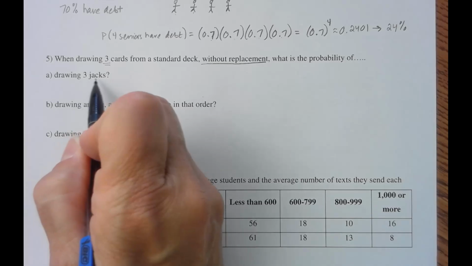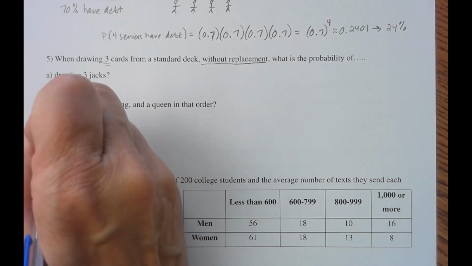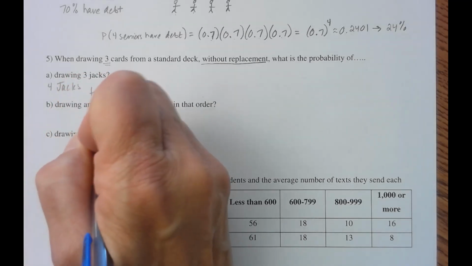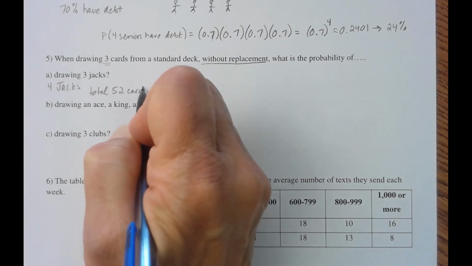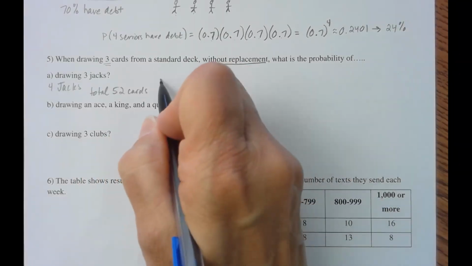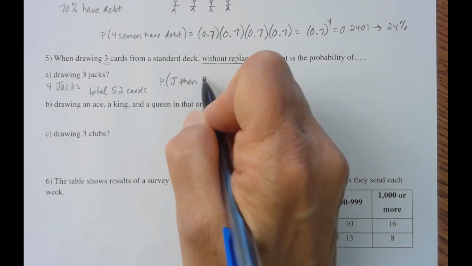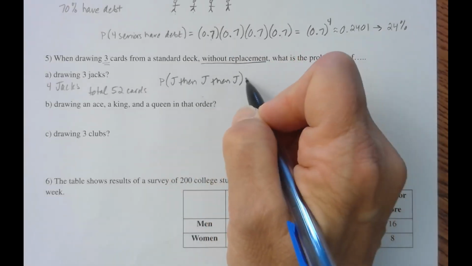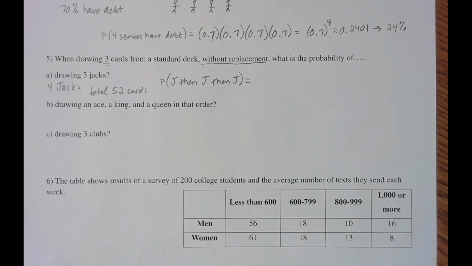So the probability of drawing 3 jacks. Keep in mind, in a deck of cards, there are 4 jacks, and there's a total of 52 cards. So I'm going to find the probability of drawing a jack, then jack, then jack, all without putting the cards back as I draw them.